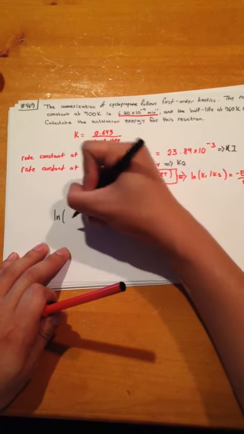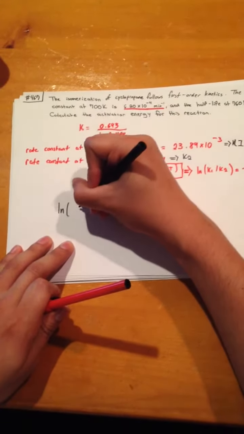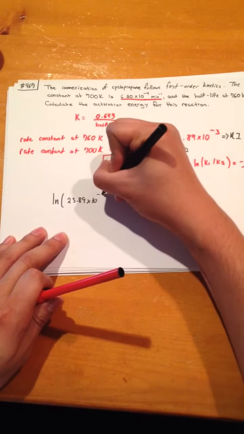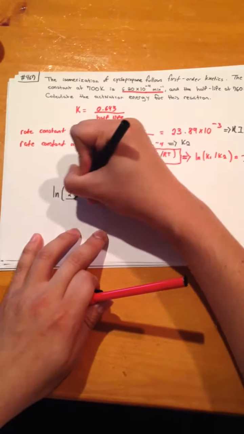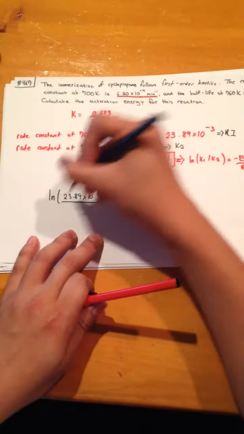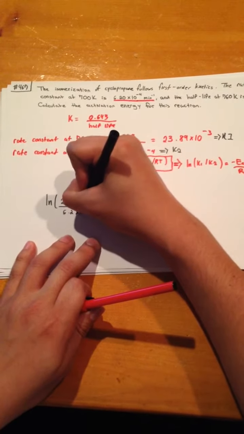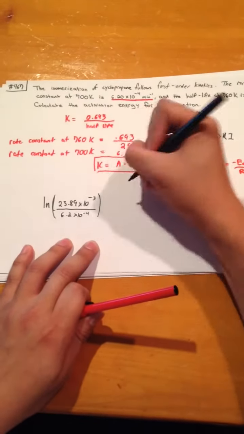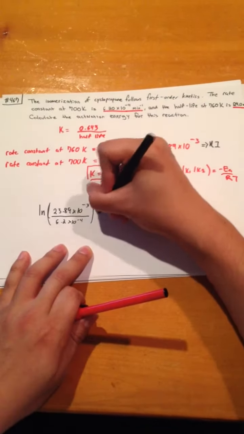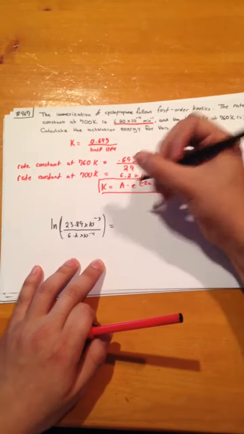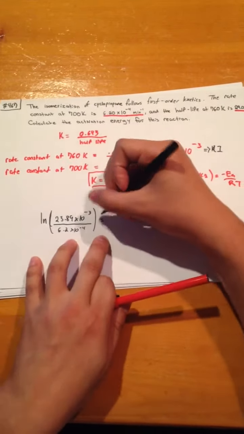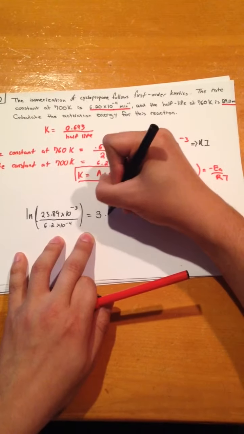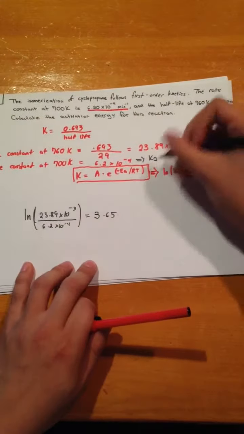So the ln of k1, which is 23.89 times 10 to the negative 3, divided by the k2, which is 6.2 times 10 to the negative 4. Let's just figure this out first. If we do the equation and calculate, it's going to be 3.65, so then we're going to plug that in.